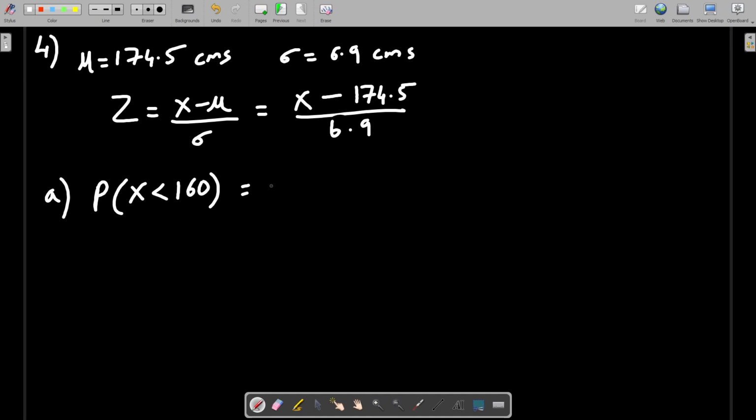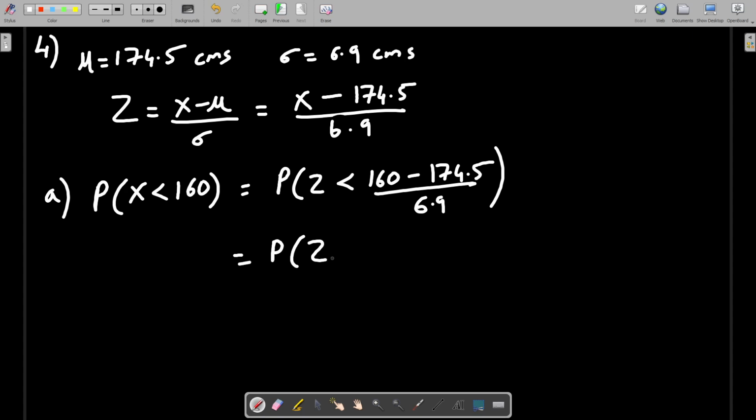This is equal to probability of z less than 160 minus 174.5 divided by 6.9. Just use a calculator and tell me how much this is. This is going to be minus 14.5 upon 6.9, minus 2 point something.